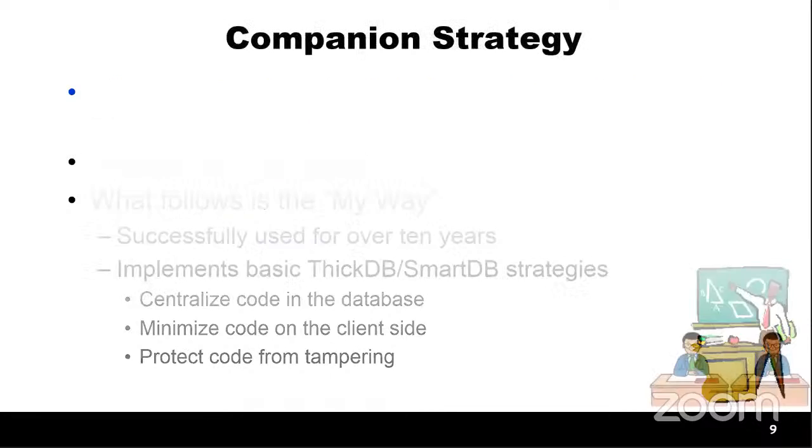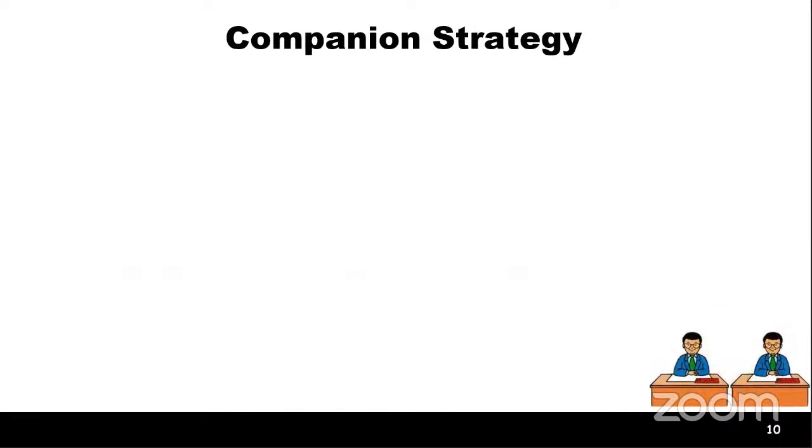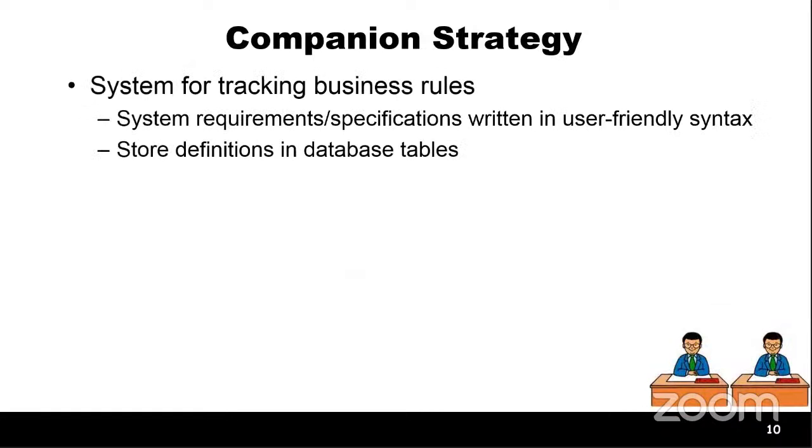but I'll show you my way. A companion strategy to this is to have some kind of system for tracking business rules. The idea with thick database is that you're implementing your code in the database to validate data and to make sure that data integrity is ensured.